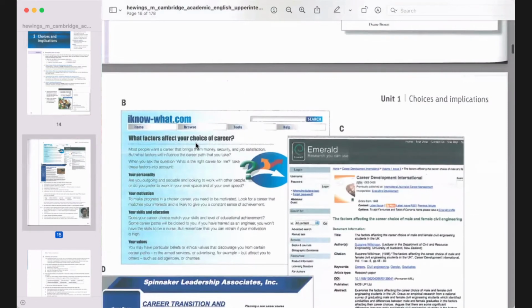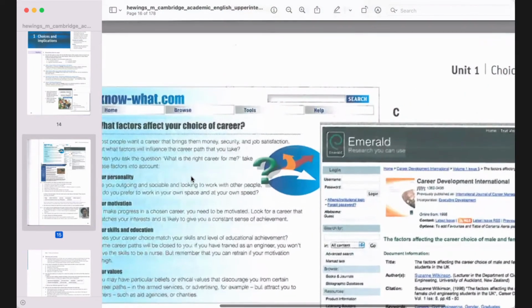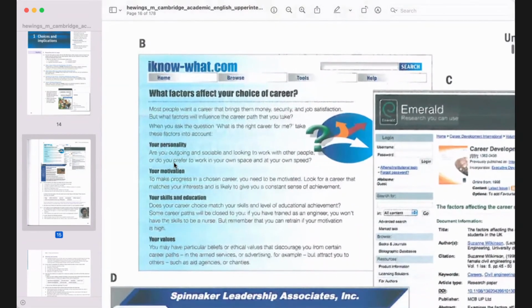So, it names factors exactly, but why can we doubt this information? Do we have an author here in the B part? Do we have an author? I can't see one, but maybe we have.